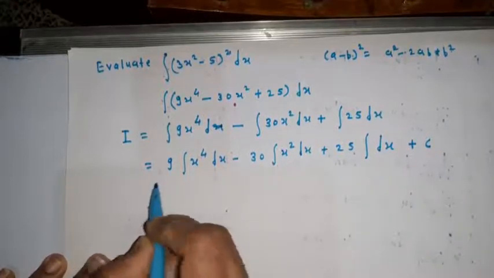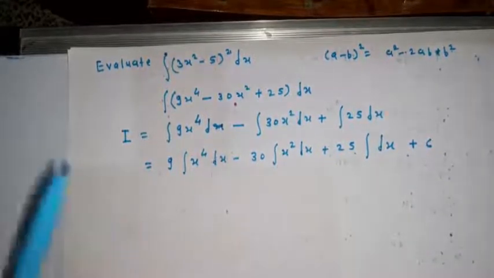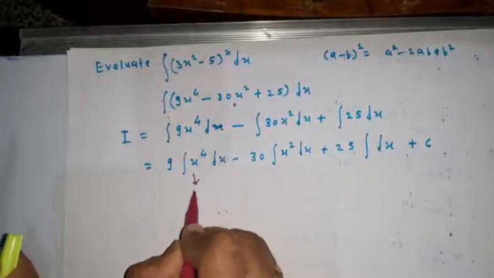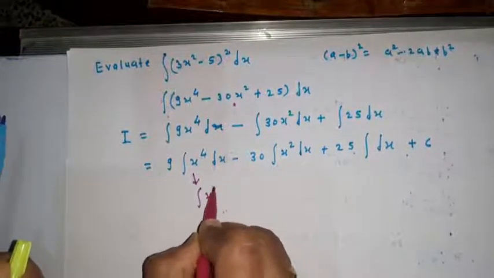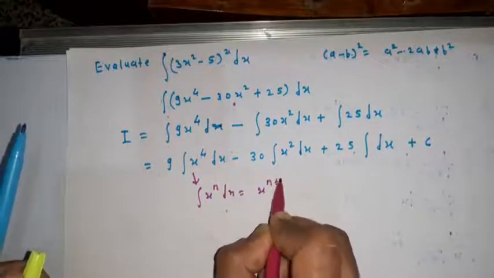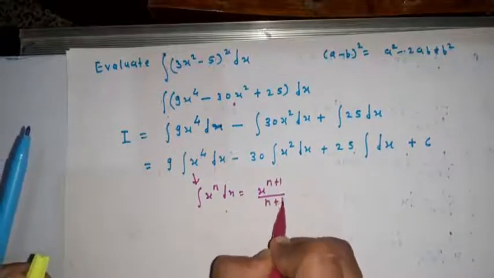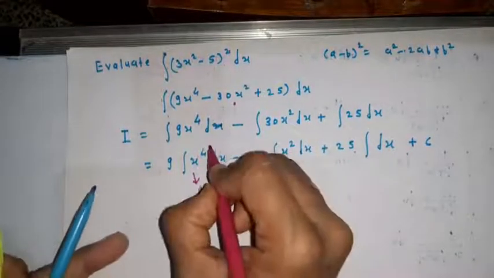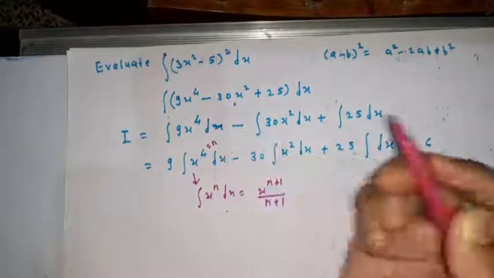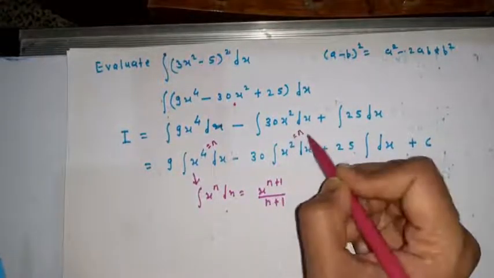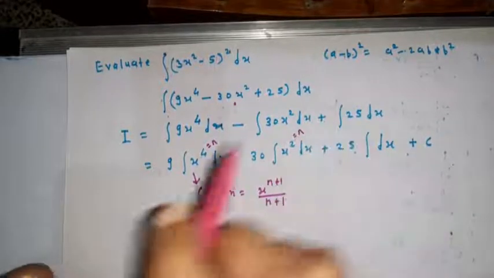So for x raised to 4 we use the formula: integration of x raised to n with respect to x is x raised to n plus 1 upon n plus 1. By using this formula we have to integrate. The value of n is 4 here. Also we integrate x square by using the same formula, but the value of n is 2 here.